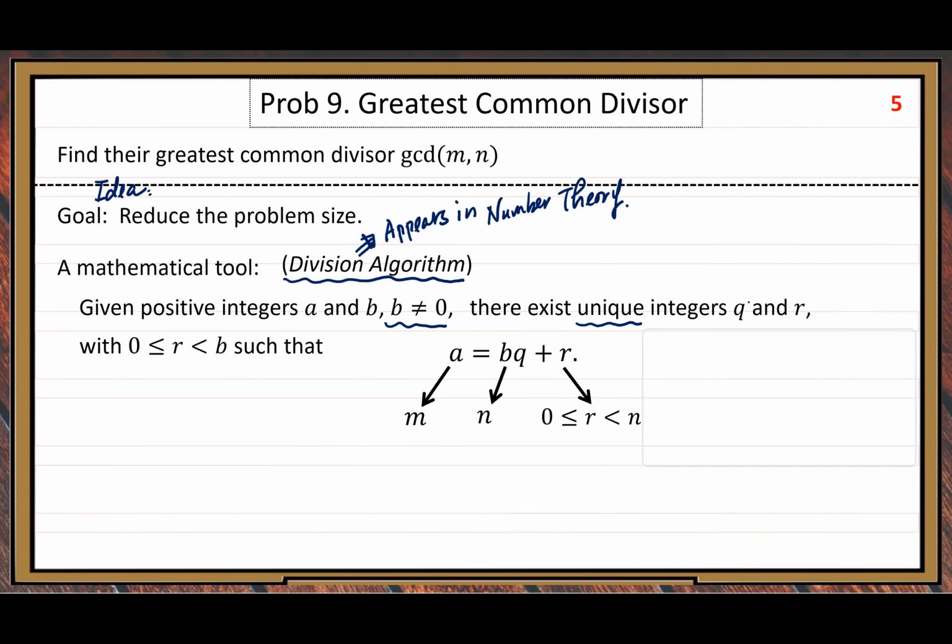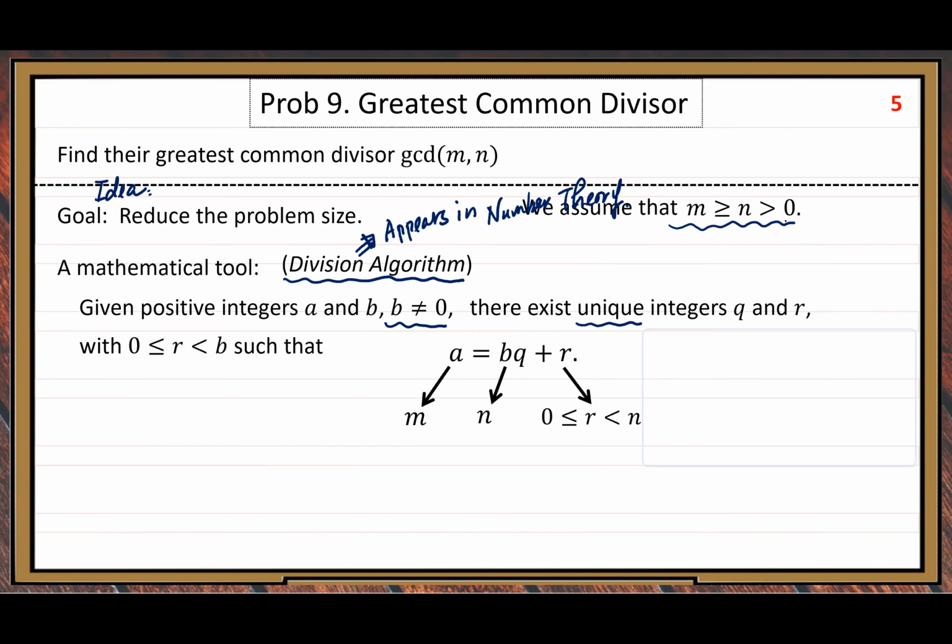Let's do it. We replace a by M and b by N, and we do integer division. But here we make a small assumption, M greater or equal to N greater than 0.